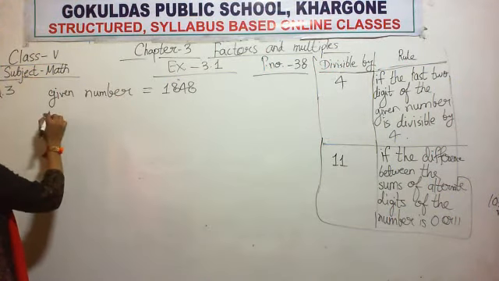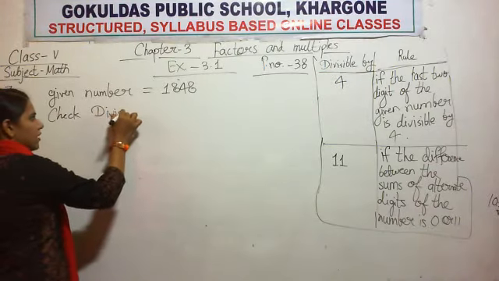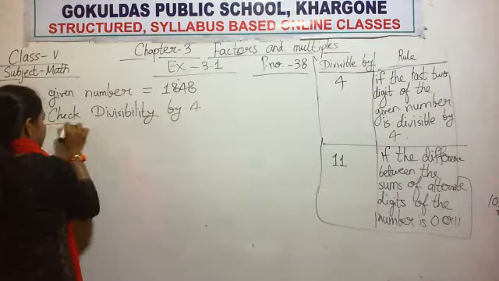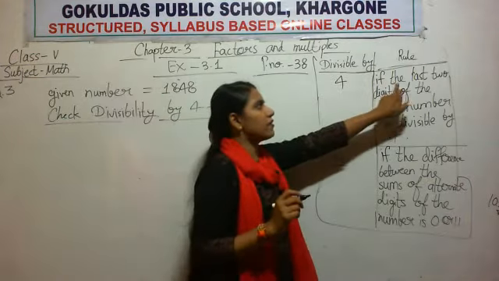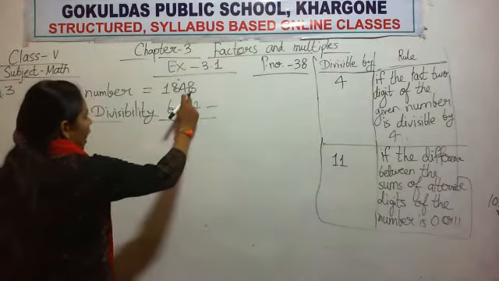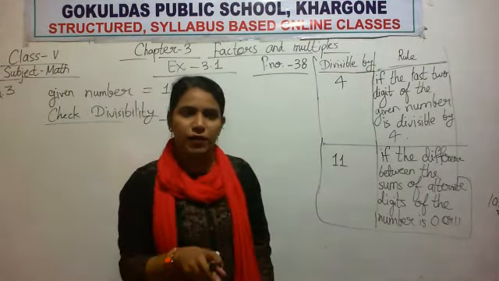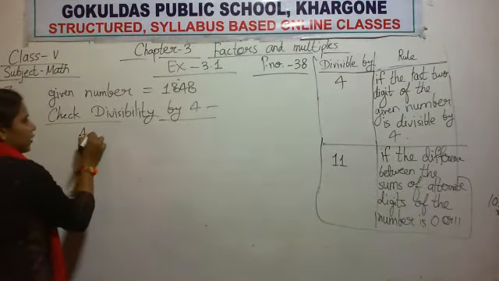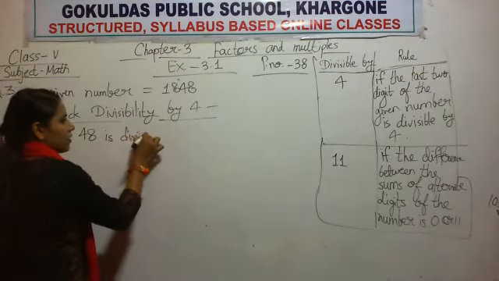So according to the rule, if the last two digits of the given number are divisible by 4, the number is divisible by 4. The last two digits are 48. 48 is a multiple of 4. So yes, you can say that 48 is divisible by 4.